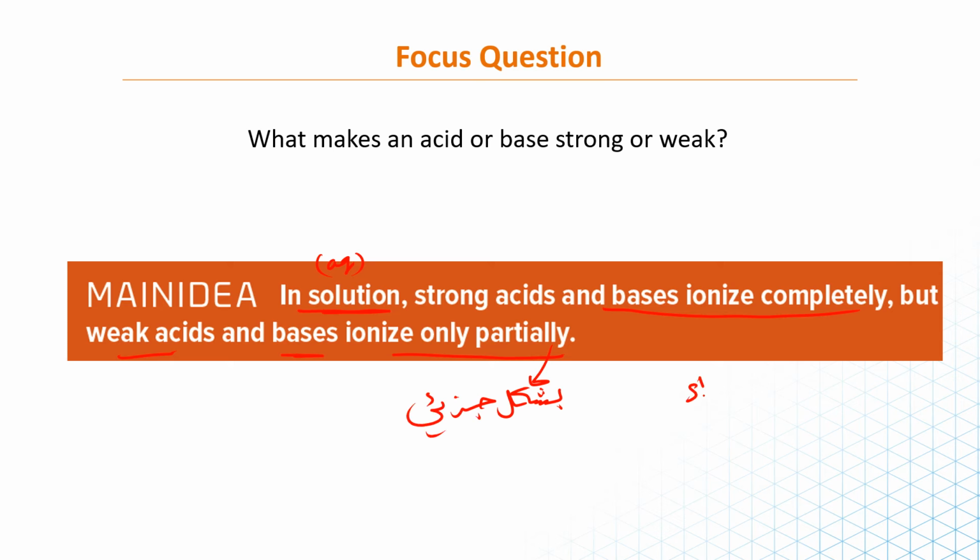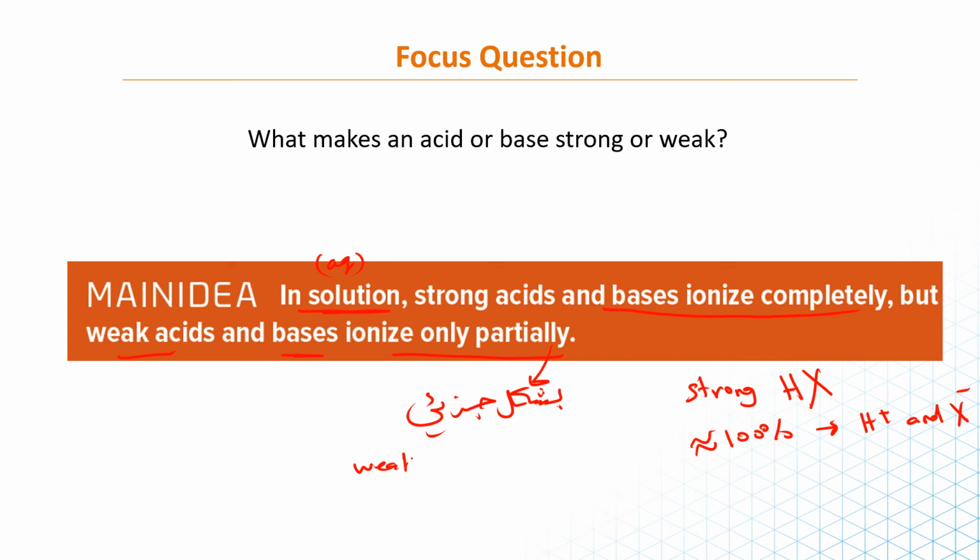For example, strong acid HX, 100% of it, طبعا ما في شيء 100% لكن completely تقريبا 100% of it is going to become H plus and X minus في المي.